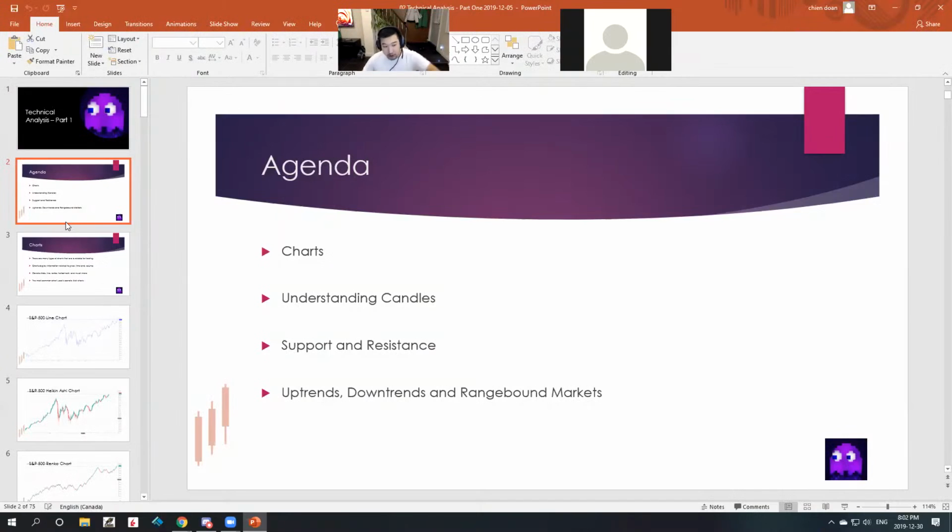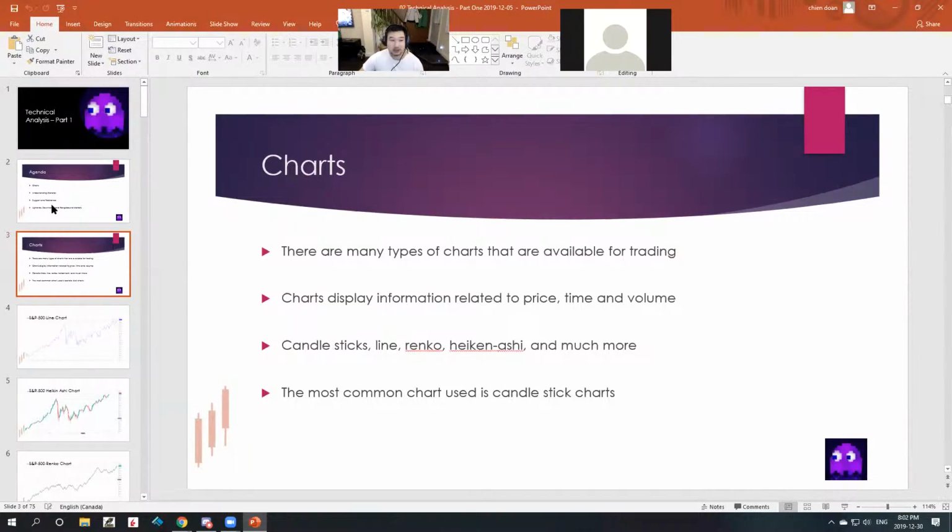And as we go through this, I'll focus on, again, some of the key things that you guys should be aware of. So first and foremost, charts. By now, you guys should know that there are many charts available to use, but the default one that we all use and look at ubiquitously is the candlestick chart, simply because it provides you with the most information within one candle time frame, right?